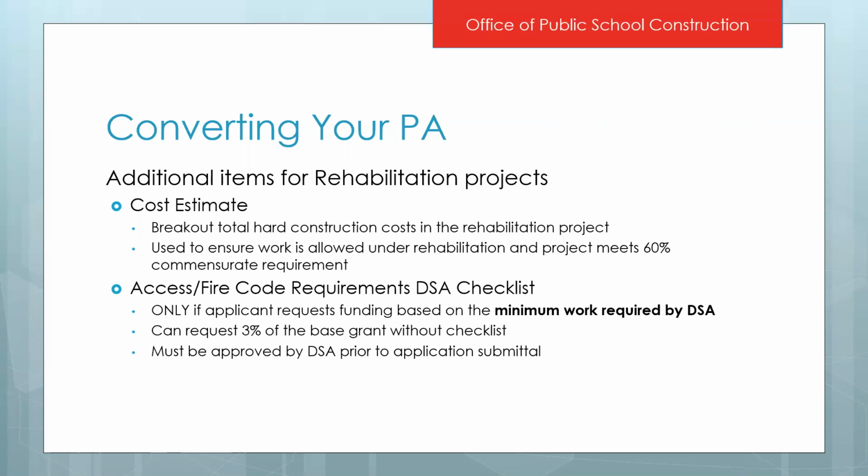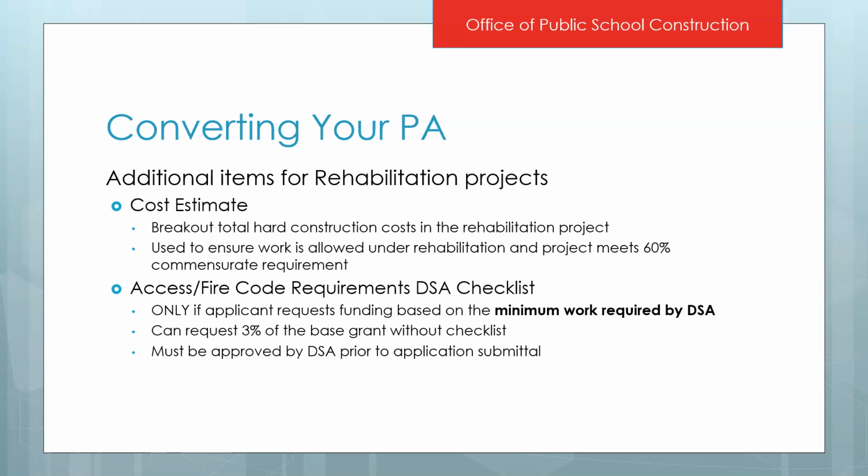One other item that you may need to submit is the Access Fire Code Requirements DSA checklist. I say you may need to submit this because funding for this work can be requested in two ways. You can either request 3% of your base grant, and if you do that, you do not need to submit a checklist. But if you are going to have a project with a large amount of access and fire code work, you may have costs that are going to exceed that 3%, in which case you can fill out this checklist.